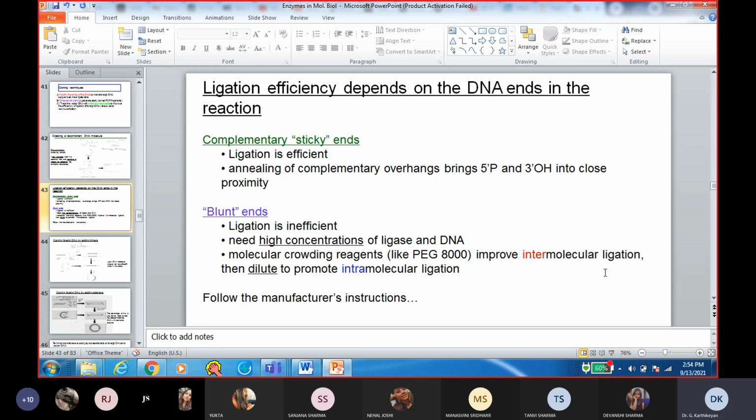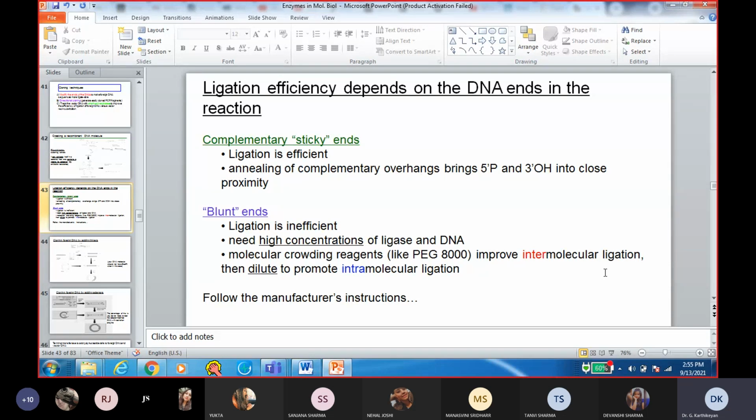The ligation of blunt-ended DNA is a fairly inefficient process. It needs high concentrations of ligase and also the DNA. And typically what people do is use certain reagents like polyethylene glycol 8000. What they do is what is called crowding.